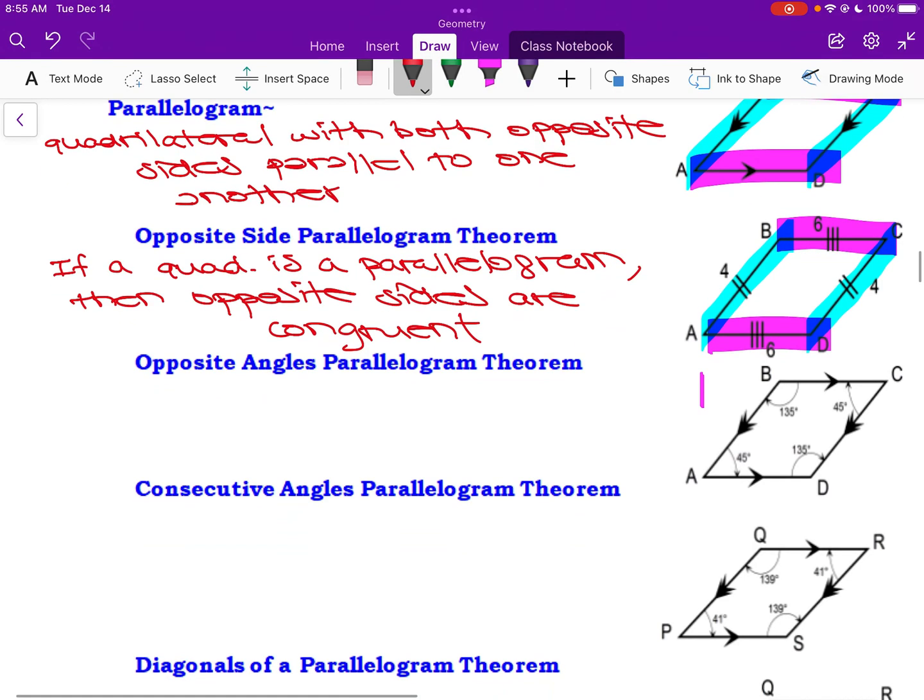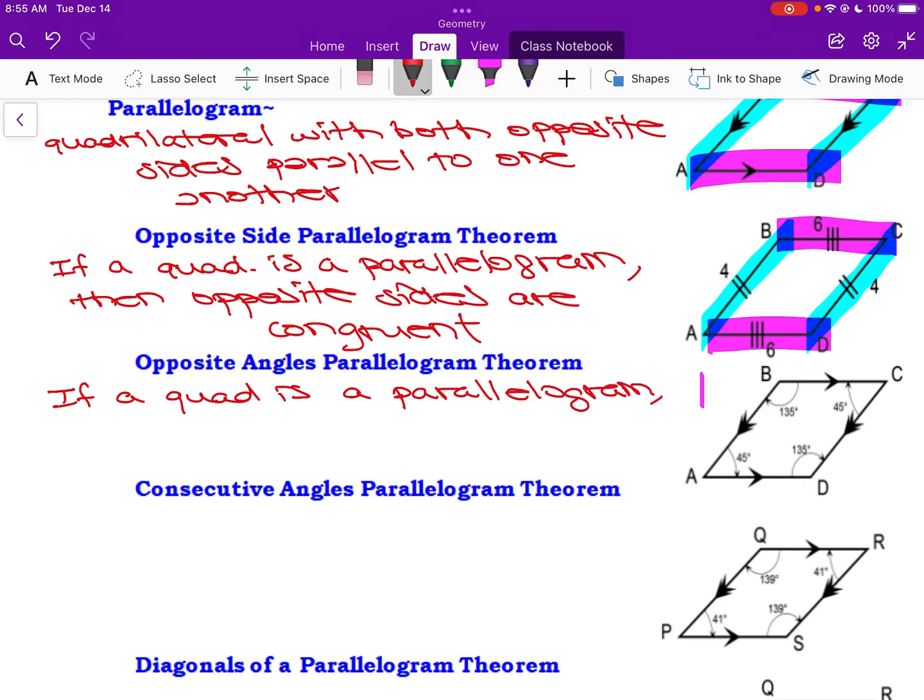This leads us into our opposite angles parallelogram theorem. This says if a quadrilateral is a parallelogram, so it first has to be a parallelogram, then opposite angles are congruent. So not only do we have this relationship of opposite sides being congruent, but also opposite angles.